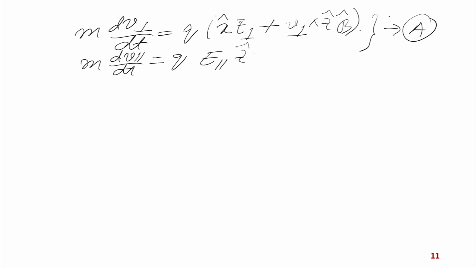Now, this equation is a non-homogeneous equation because of this term. In the previous case, when E was not there, it was straightforward, but now since this differential equation is not homogeneous, we need to take a solution as the sum of two functions, a particular solution and a complementary solution, and we will proceed with that.